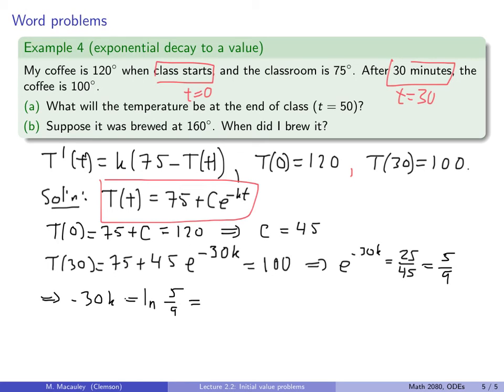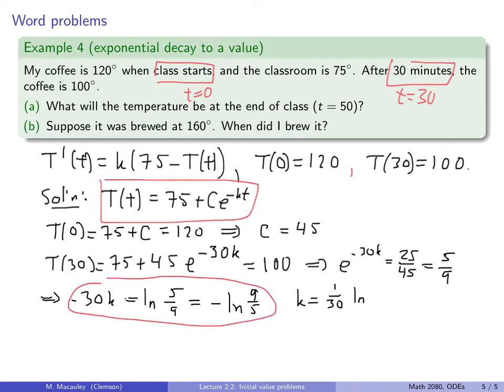Again, I like to write this as negative natural log of something that's greater than 1. Now we can solve for k. So k equals 1/30th times the natural log of 9/5.